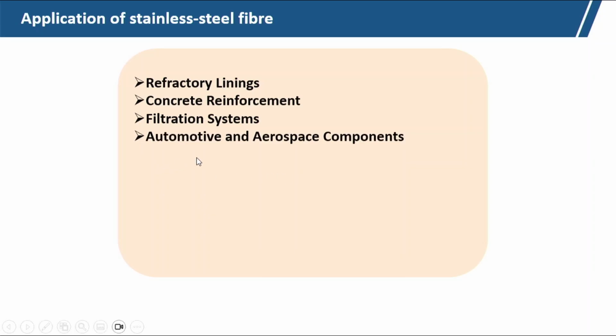So, automotive and aerospace components: we can use this fiber due to its high fracture resistance and also very good toughness. Protective and fireproof fabric: because of its very high melting point we can use it for protective fabrics, or in some cases for fireproof fabric reinforcement.